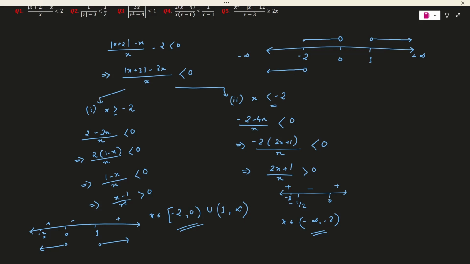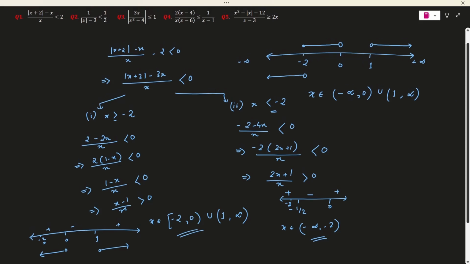So if I combine all these regions, I will get the final region, that is x belongs to minus infinity to 0 excluded, both obviously, union 1 to infinity, both excluded.